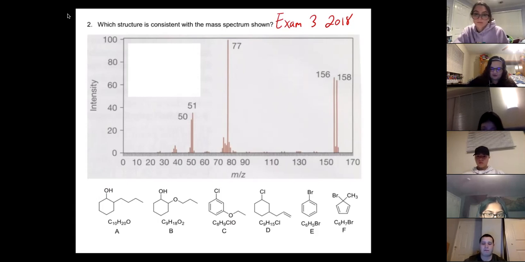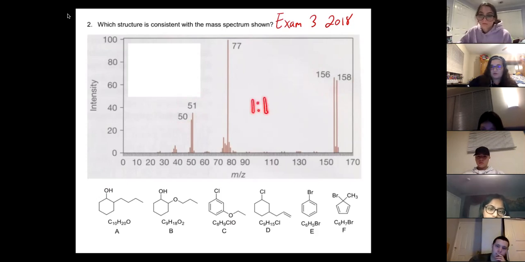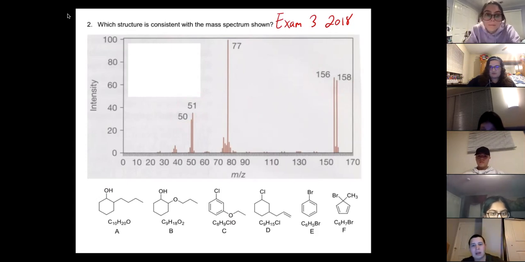So one thing I do want to mention for this one is you have two values next to each other, and the ratio is 1:1. So that 1:1 ratio, do you guys remember which compound that is? Yeah. So this 1:1 ratio tells you that you have a Br in your structure.